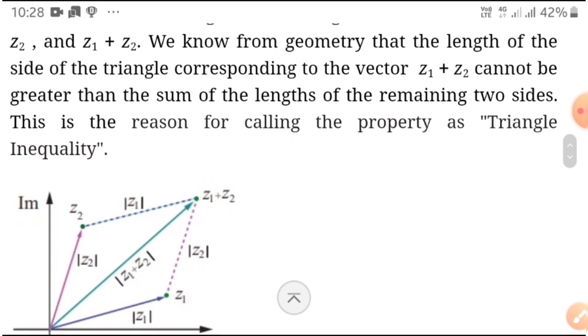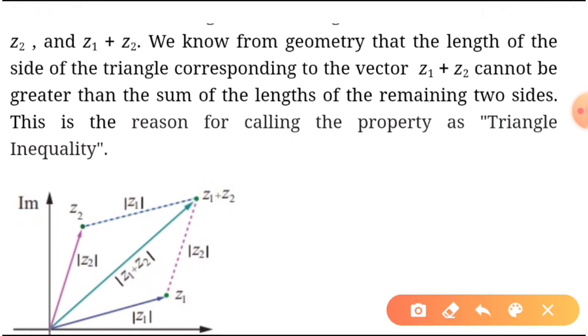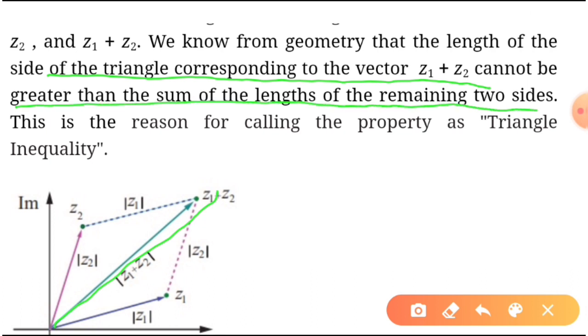We know from the geometry that the length of the side of the triangle corresponding to the vector Z1 plus Z2 cannot be greater than the sum of the lengths of the remaining two sides.